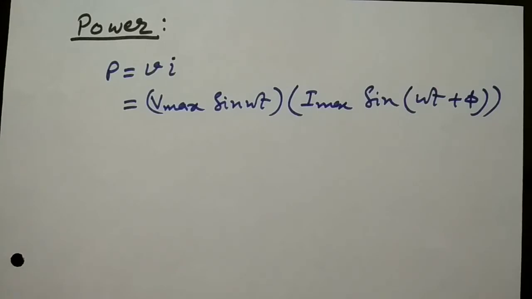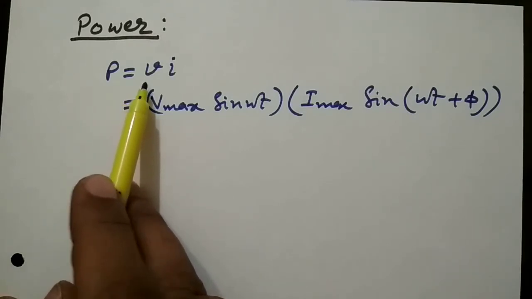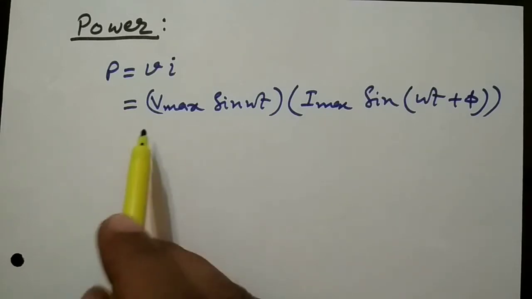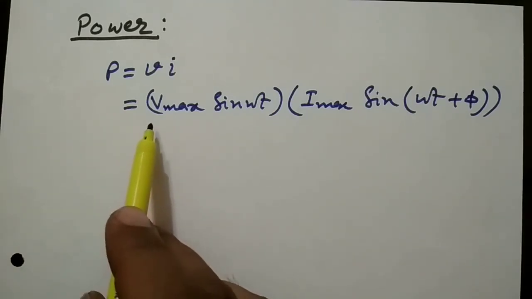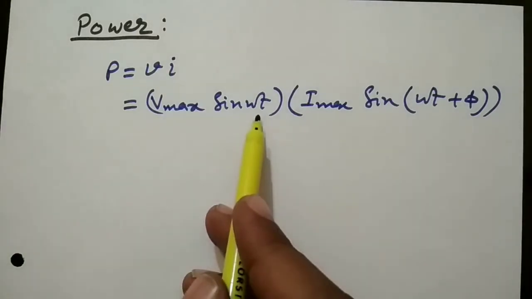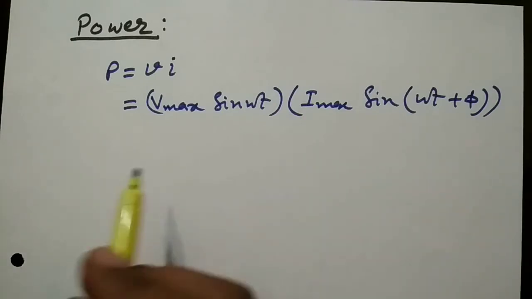Now the power equations. As we know, the instantaneous power can be calculated by multiplying the instantaneous voltage and instantaneous current. In an RC series circuit, we have seen the voltage is Vmax sin omega t, so the current will be I max sin omega t plus phi.